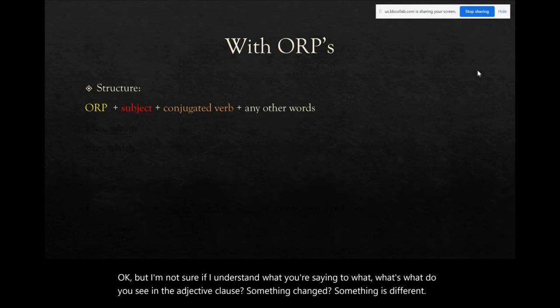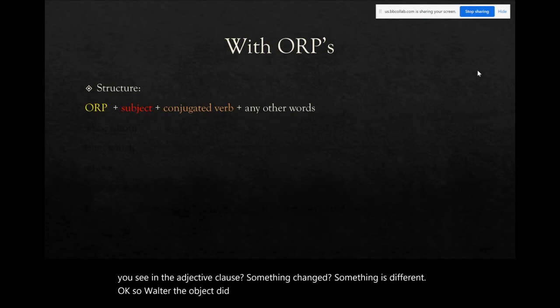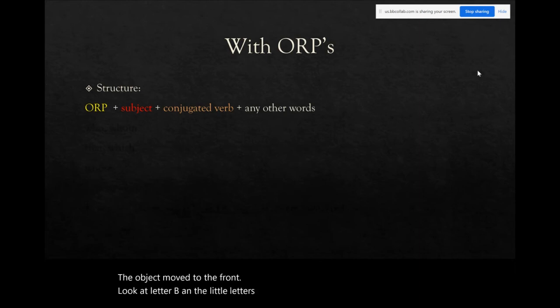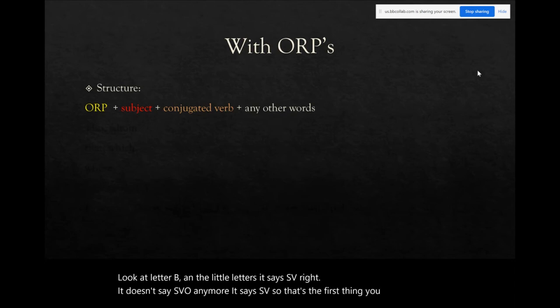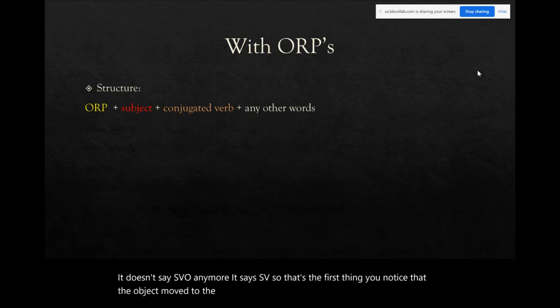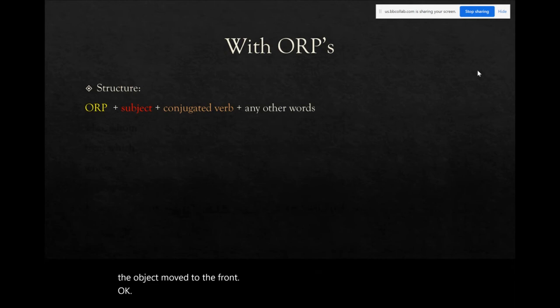Okay, Walter, the object did not actually become a subject, but the object moved to the front. Look at letter B and the little letters. It says OSV, right? It doesn't say SVO anymore. So that's the first thing you notice, that the object moved to the front. Now, something else, did you notice that we don't have him in the adjective clause?